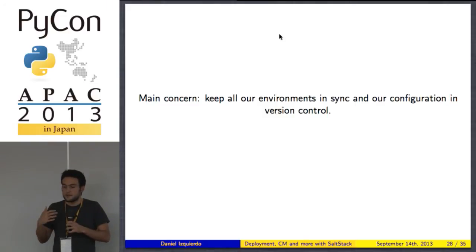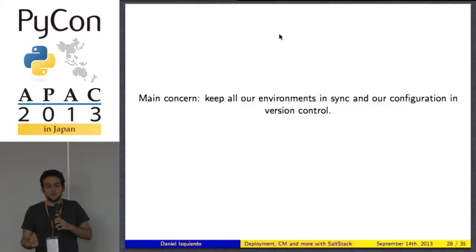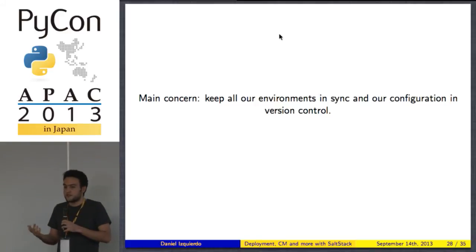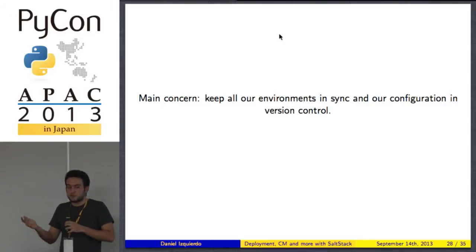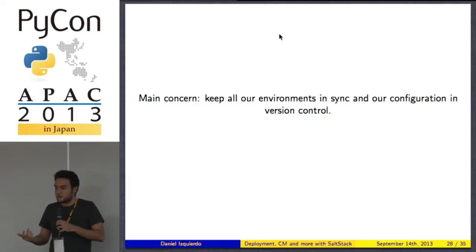As I explained before, I want all of the machines to be configured in a certain way, and we also want our configuration to be in version control, right? Because configuration also has a life, and it changes, and you need to know at which point in time how your server was configured. Maybe you need to go back and forth, and all of the benefits that version control provides.